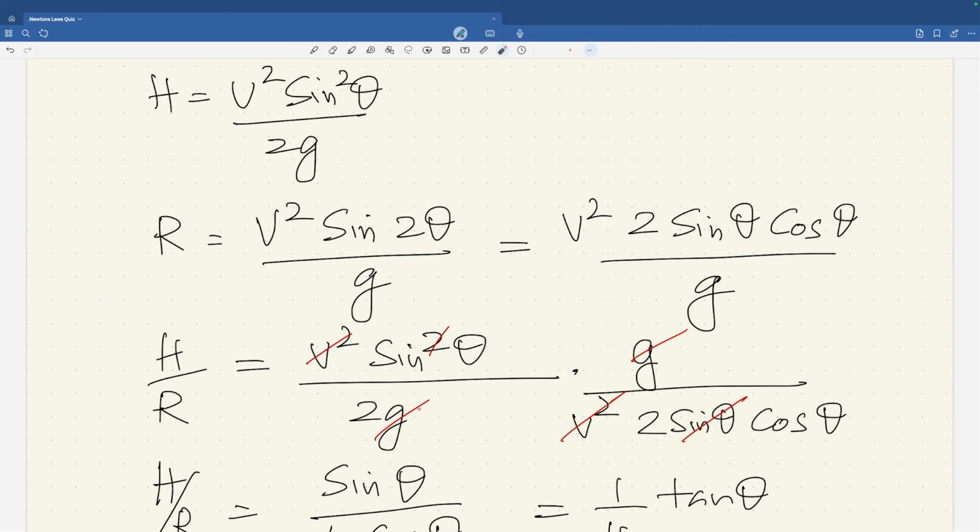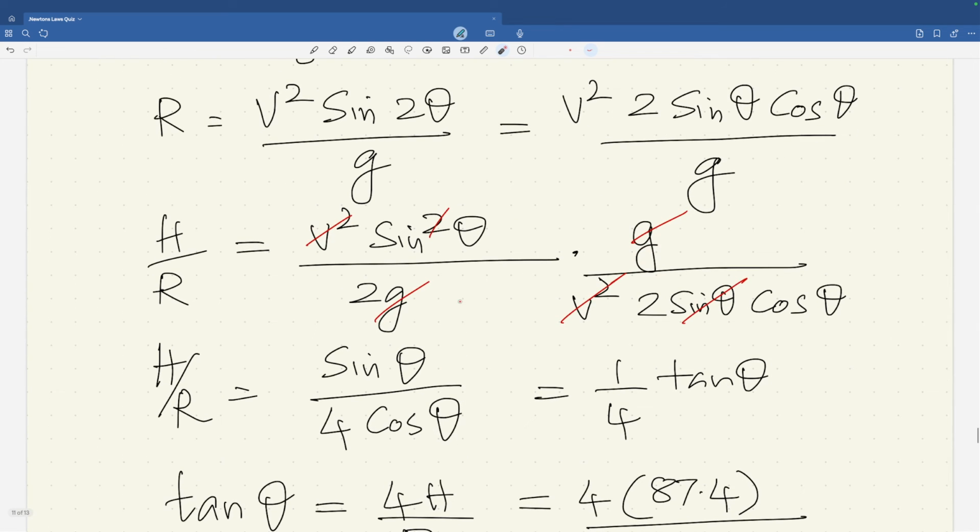And when you do that, you see that many terms get cancelled, and then one of the sine theta from here gets cancelled with the square, because square means sine theta times sine theta. And so what do you have remaining? You have sine theta, and then you have 2 and 2 here, which is 4, and cosine theta. Now we know sine theta over cosine theta is tan theta.